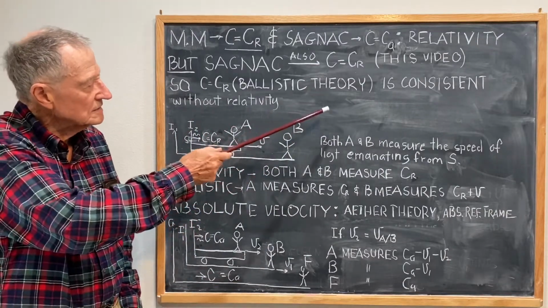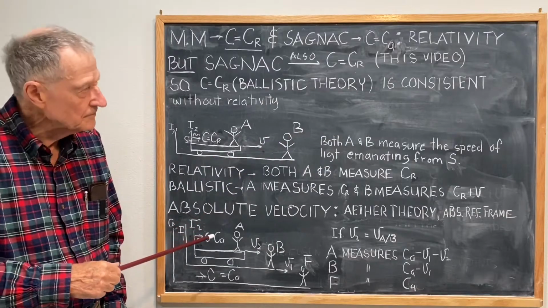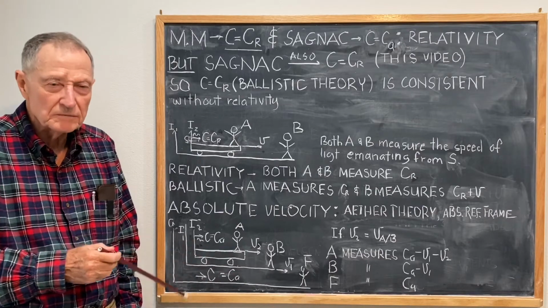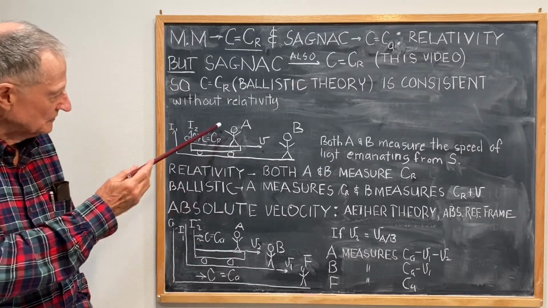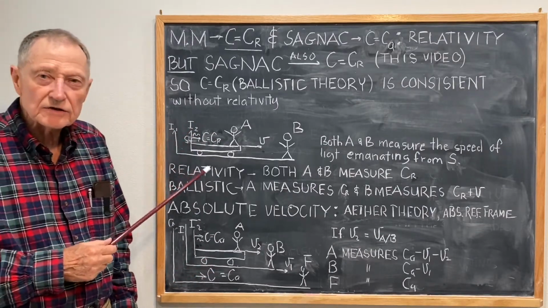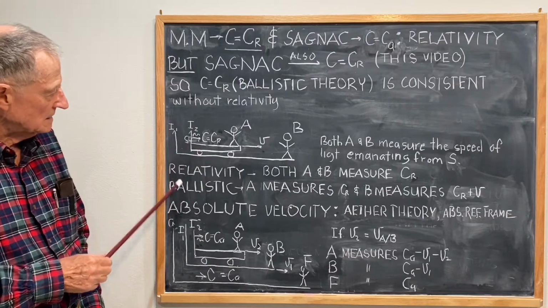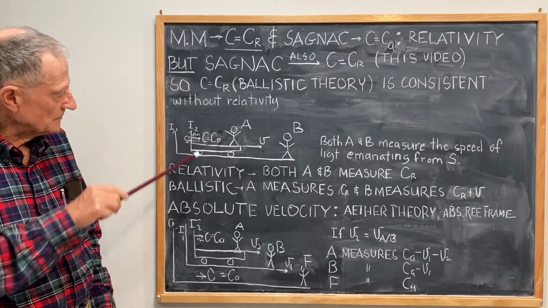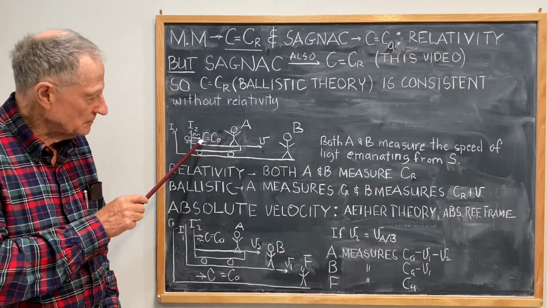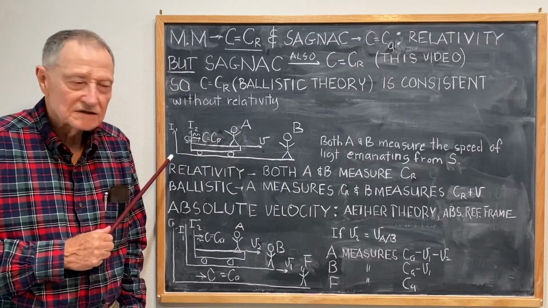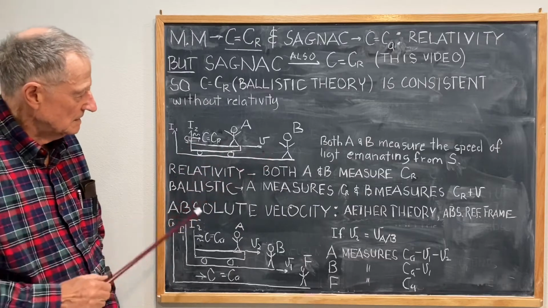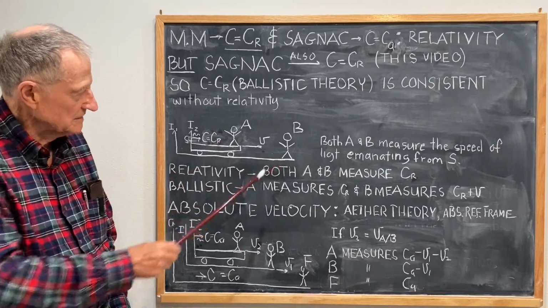To illustrate the various speeds involved in the discussion, and what speeds one would measure in various situations, I've given these two illustrations here, where I1 and I2 are inertial reference frames, and I have a source of light here which emits photons at a speed c equal to c_r, with individuals A and B measuring the speed of light in these respective situations.